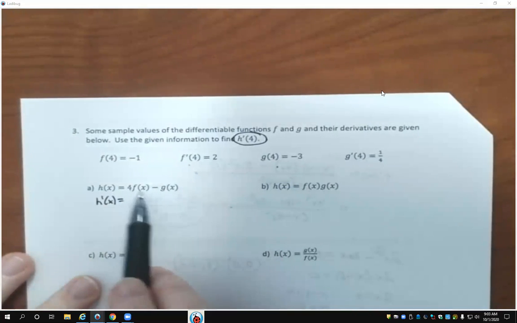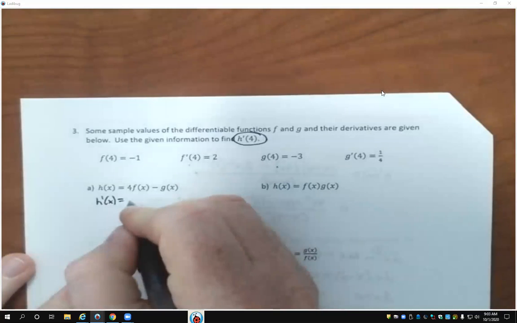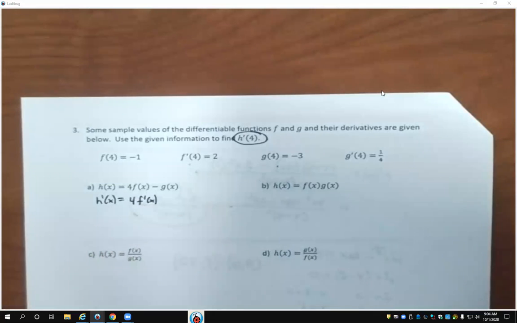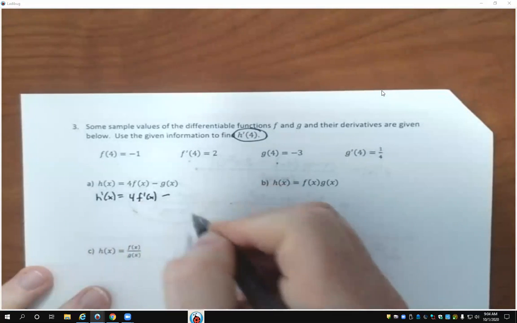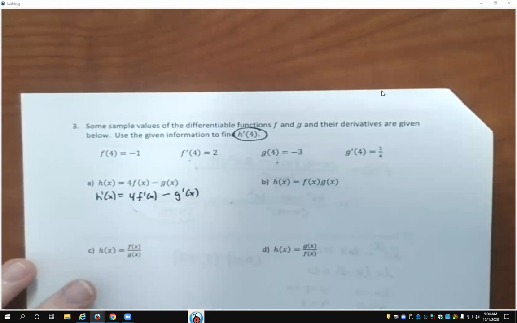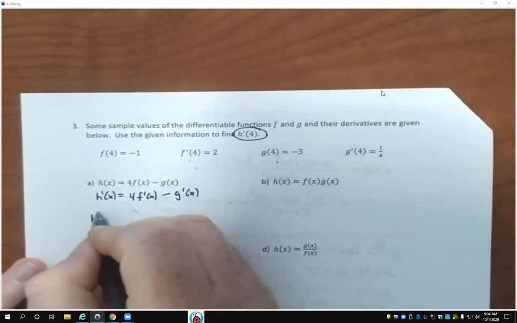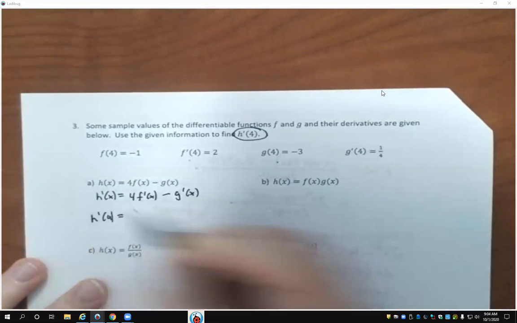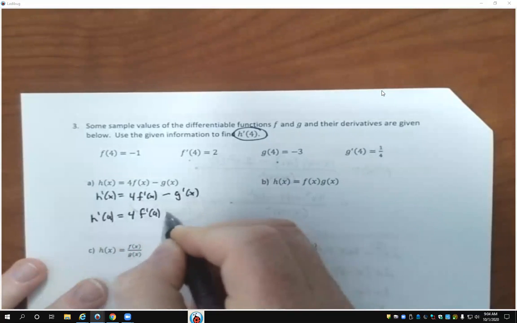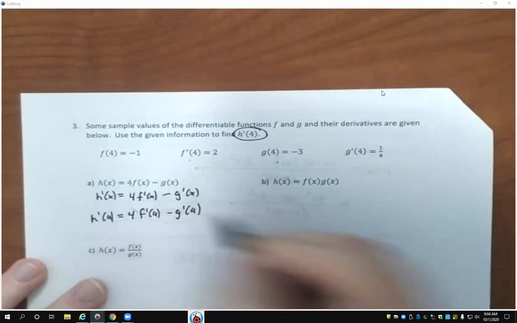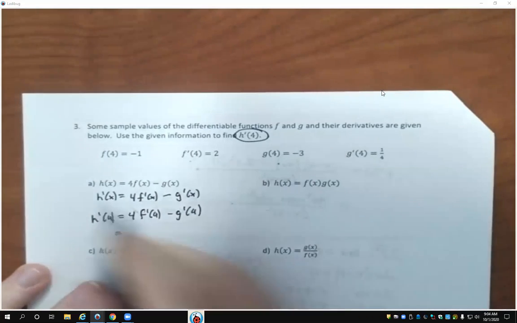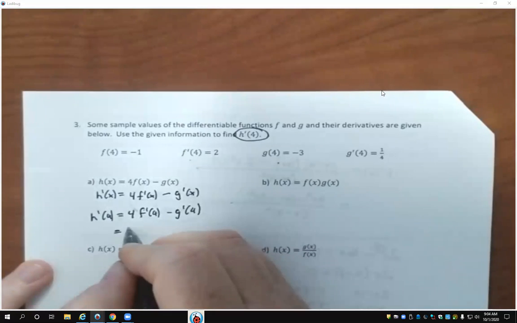This is 4f of x. The derivative of 4f of x is 4f prime of x. The derivative of f of x is f prime of x. The derivative of g of x is g prime of x. Now I'm going to plug in and find h prime of 4. So it's going to be 4f prime of 4 minus g prime of 4. And now we just go to our table or list of values and find our numbers.